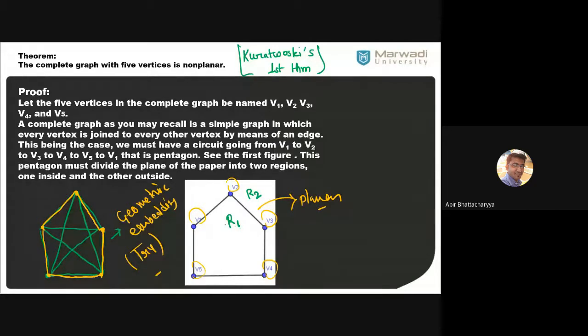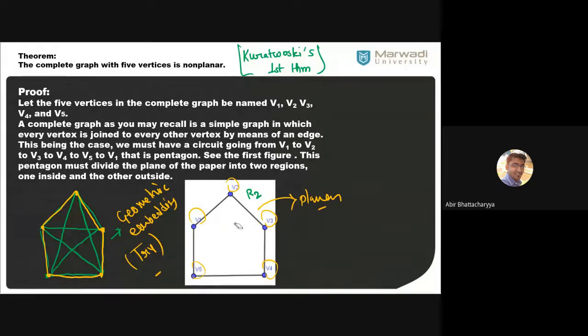Since the graph is bounded and it's a pentagon, region means a sector, or you may say a partition. The inside one is one partition. Similarly, the outer one is another partition. There will always be an inner region, and apart from the inner region, there will always be an outer region. Okay.